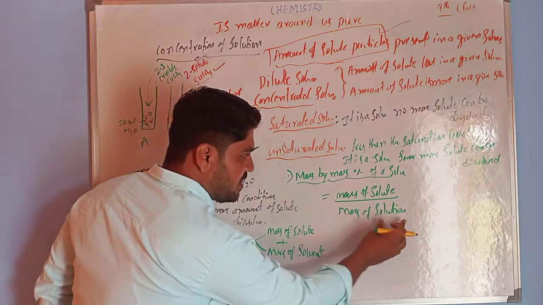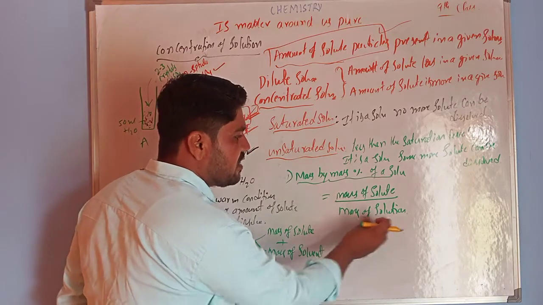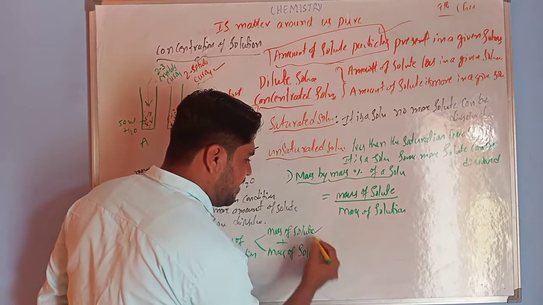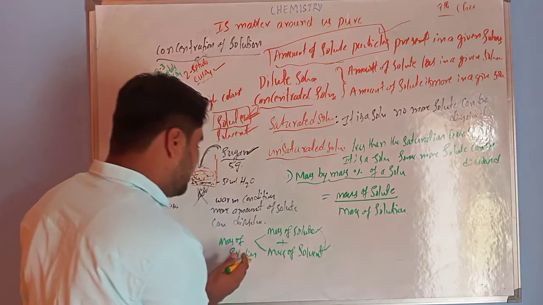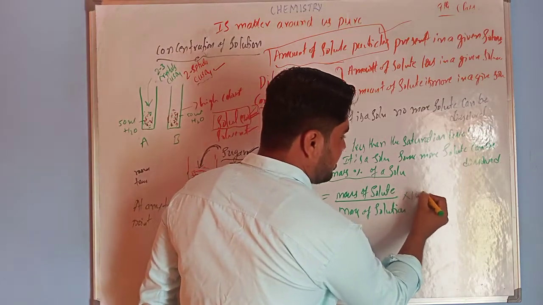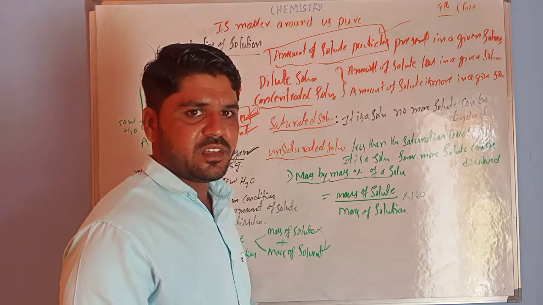So for the mass of solution, you have to take the mass of solute and the mass of solvent. Add both, and we get the mass of solution, into 100. This is because of the percentage.